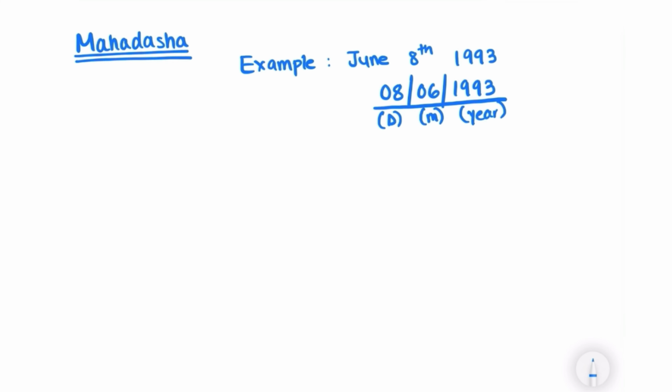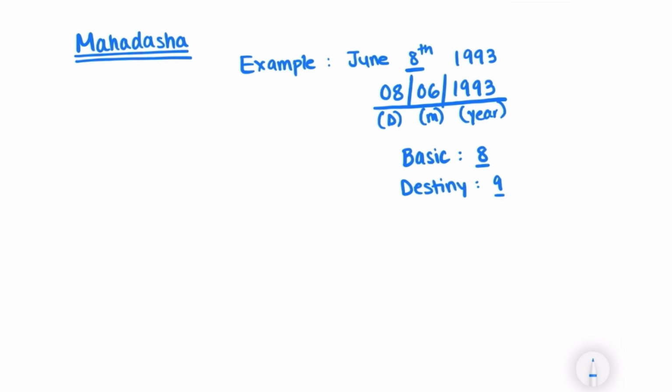So for this date of birth, the basic number is number 8, because the person was born on the 8th of the month, so that becomes the basic number.